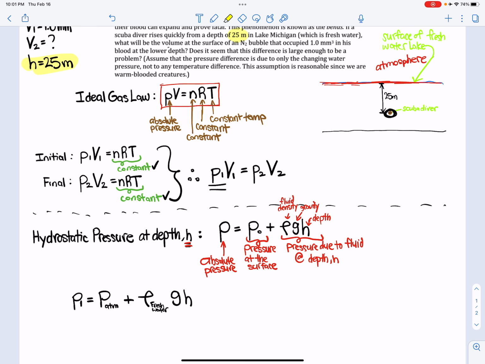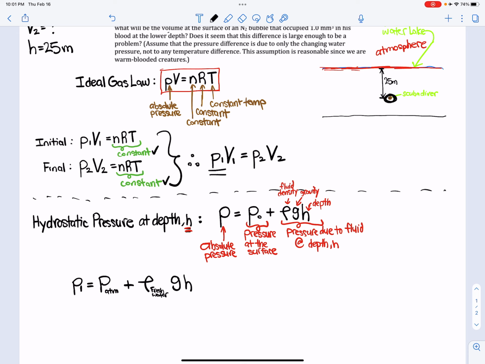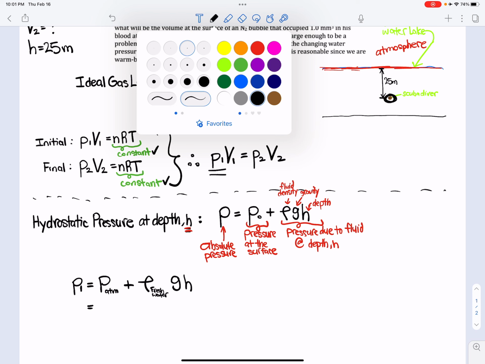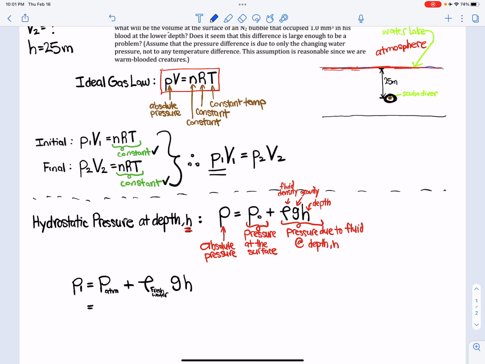So let's plug in our numbers. For atmospheric pressure, this might be a good thing to also have in your cheat sheet. Atmospheric pressure is equal to 1.01 times 10 to the 5 pascals, okay? I'll just put a red box around it because it might be helpful to have it in your formula sheet.